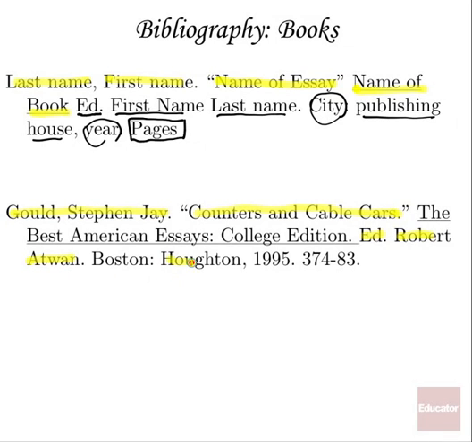Boston, Houghton Publishing, year, and then finally I've got to make sure I put the page numbers. Notice I got 374 to 83. Now, what does that mean? Does it mean it goes to 374, wraps all the way around, and goes back to page 83? No, of course not. This is just an abbreviation. Page 374 to page 383.